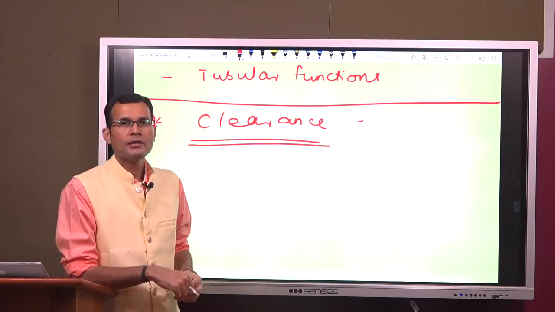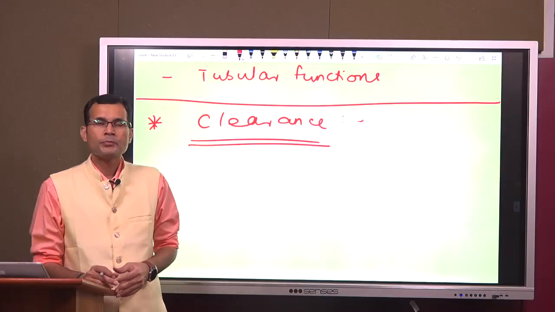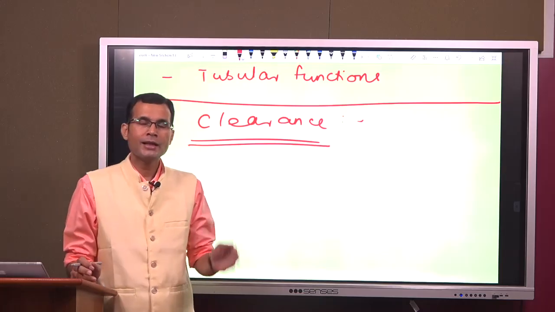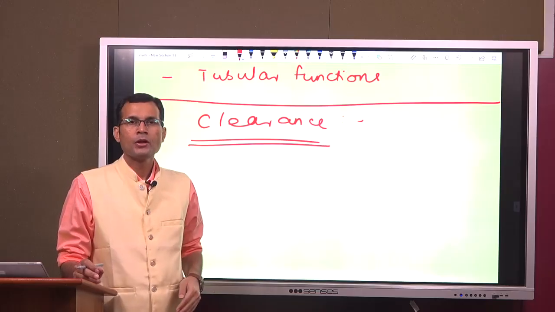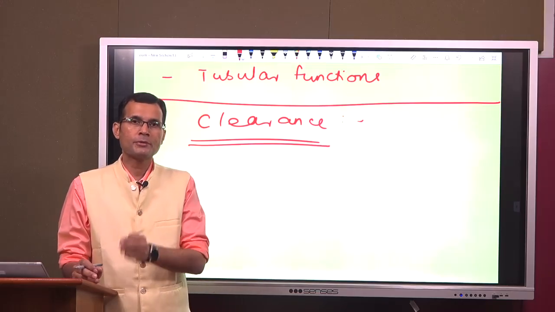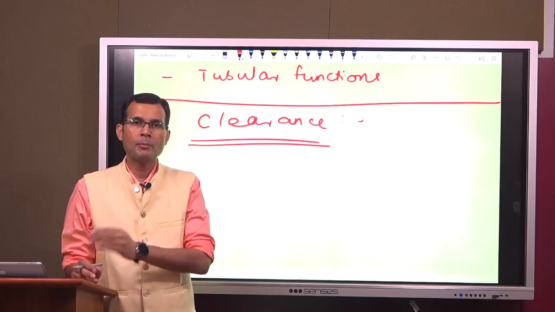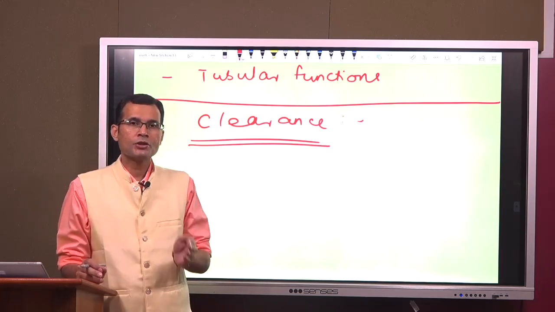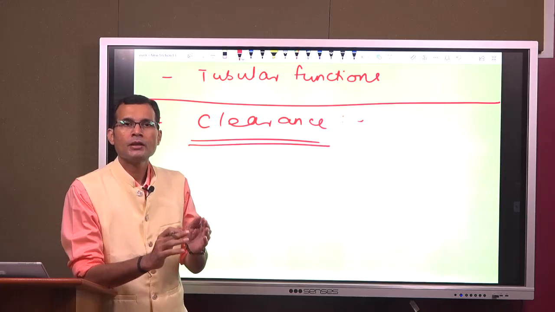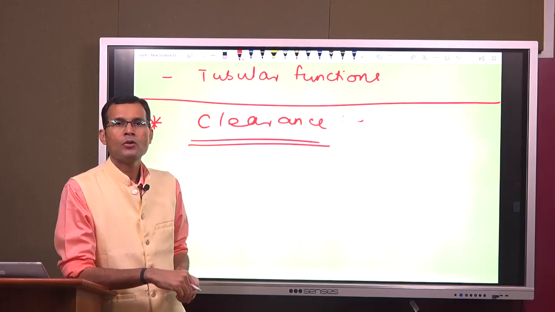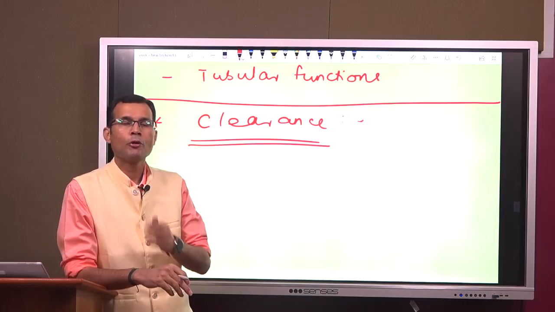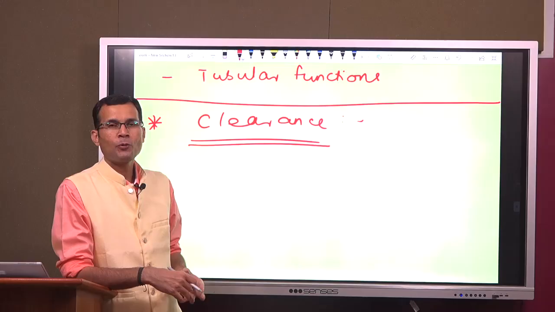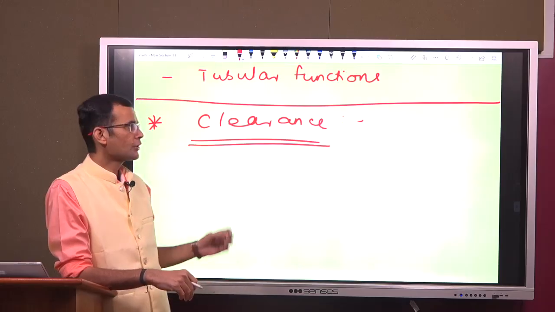And the options given are: urinary concentration of a substance in milligram percent, or urinary concentration of a substance in milligram per ml, or urinary concentration of a substance in ml per minute, or urine volume, urine flow rate. So, what is U and what is the unit for it? That's a question which has been asked.